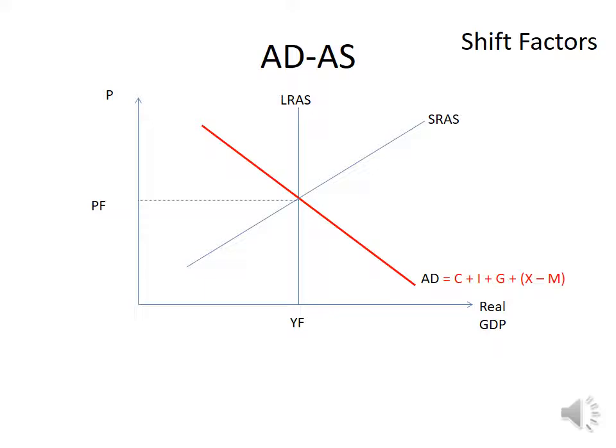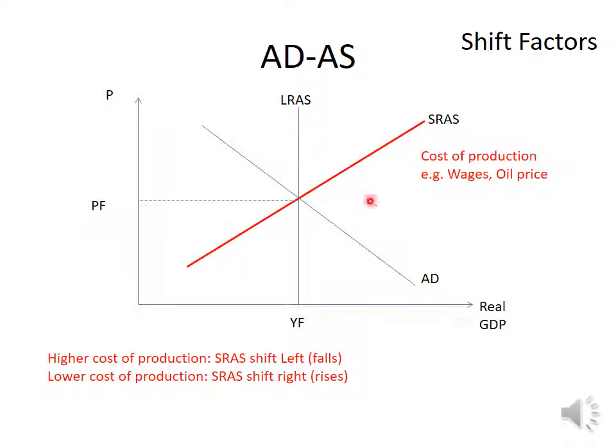Okay, next is your SRAS. Your SRAS is controlled largely by your cost of production. Now what are the things inside your cost of production that matters? Usually it's your wages, your oil price, maybe steel prices. So the shift of SRAS is very easy to identify. You can't run away from these things.